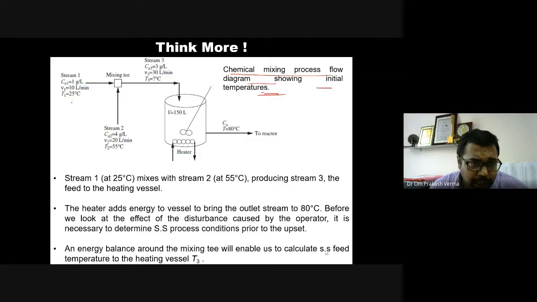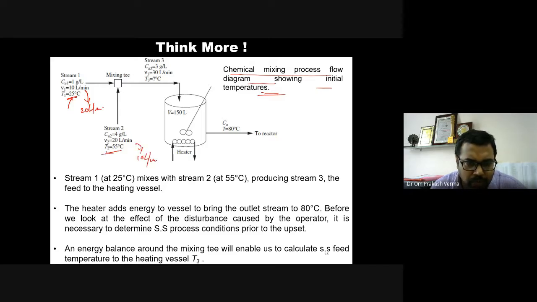The temperature of the liquor taken in from stream 1 is 25 degrees Celsius, and the temperature of the liquor entering from stream 2 is 55 degrees Celsius. Flow rate was the same, 10 liter per minute and 20 liter per minute initially. At 3 o'clock it was changed, it was shifted to 20 liter per minute, and the other is shifted to 10 liter per minute.